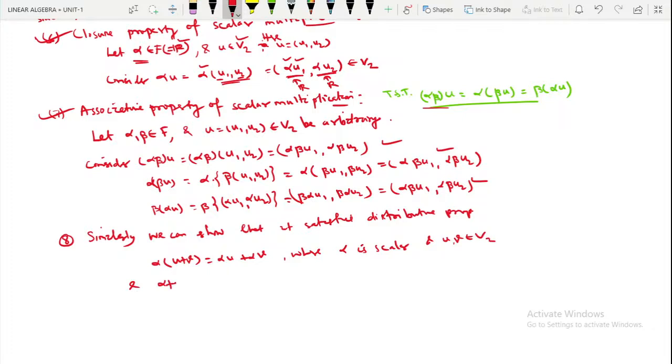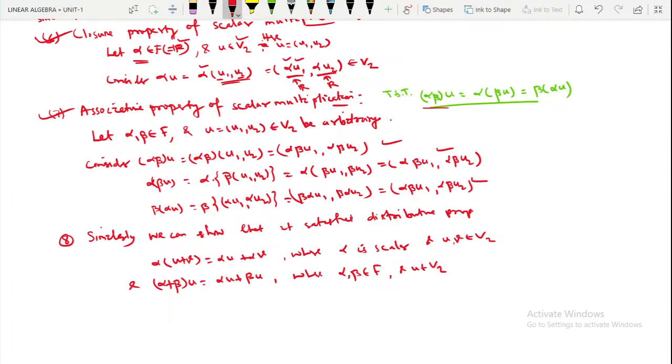And (alpha plus beta) times u equals alpha times u plus beta times u, where alpha, beta are scalars, that means they belong to field F, and u belongs to V2. This we have to show.